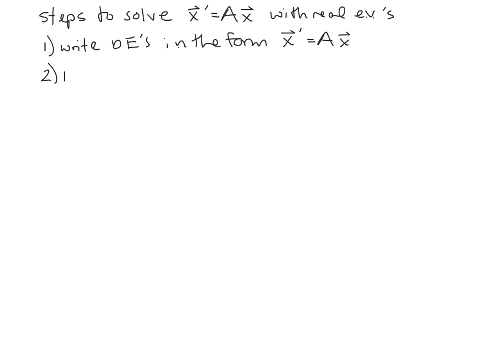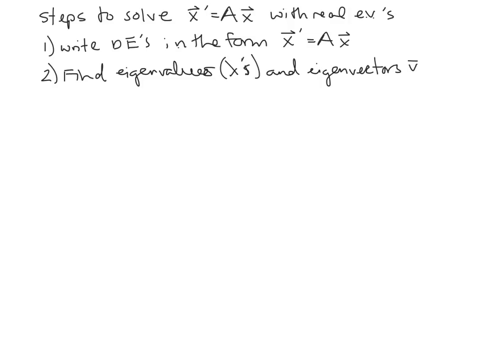Then the second thing that you want to do is find the eigenvalues, the lambdas, and the eigenvectors, the v's, of A. So find the eigenvalues and eigenvectors of that matrix A. Then third, your general solution.